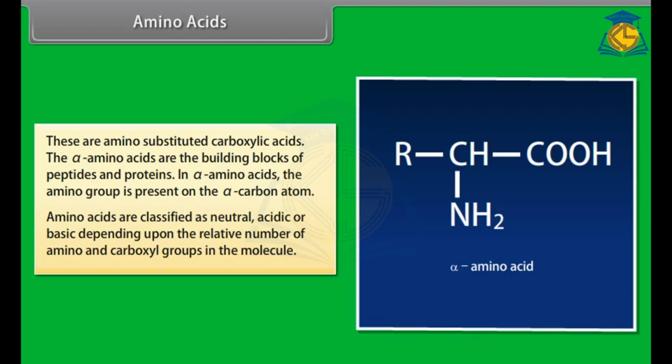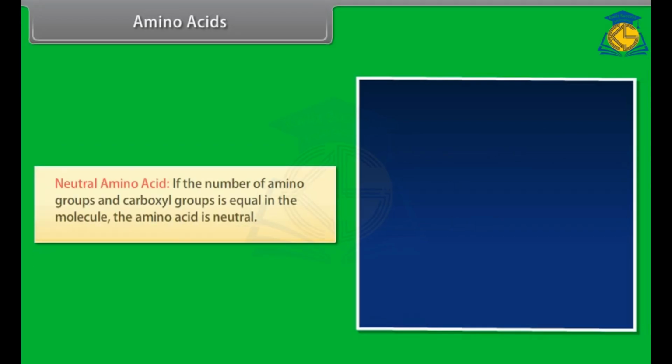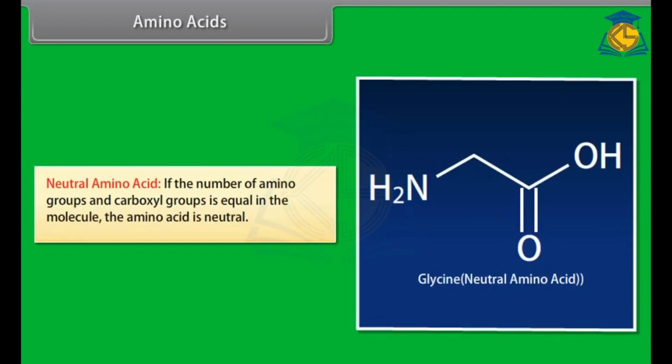Amino acids are classified as neutral, acidic, or basic, depending upon the relative number of amino and carboxyl groups in the molecule. Neutral amino acid. If the number of amino groups and carboxyl groups is equal in the molecule, the amino acid is neutral. For example, glycine.